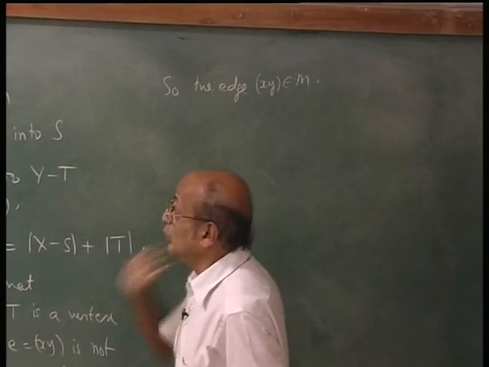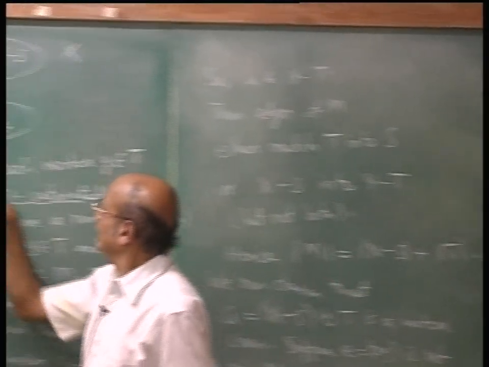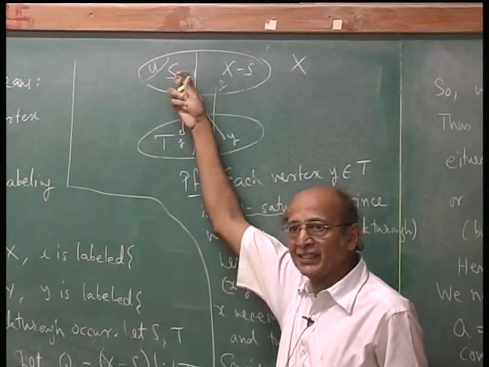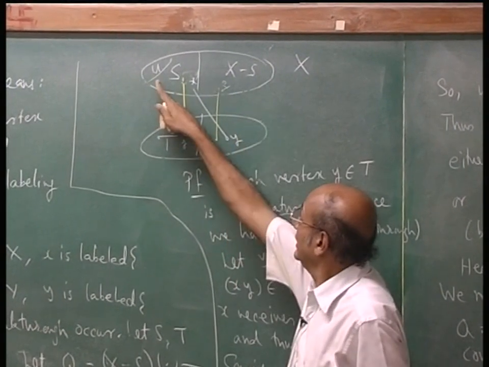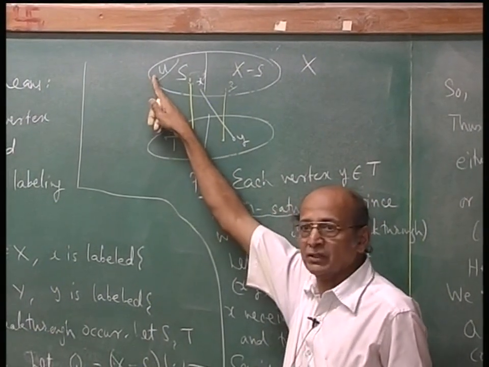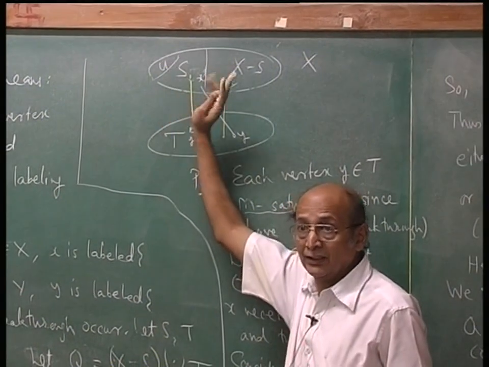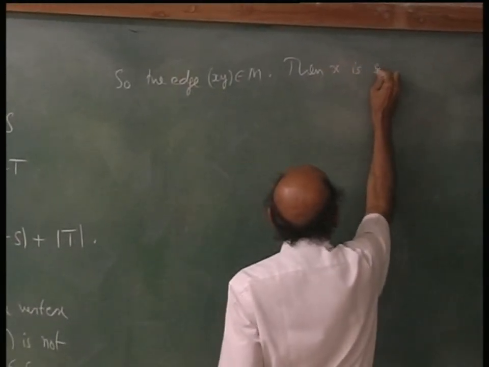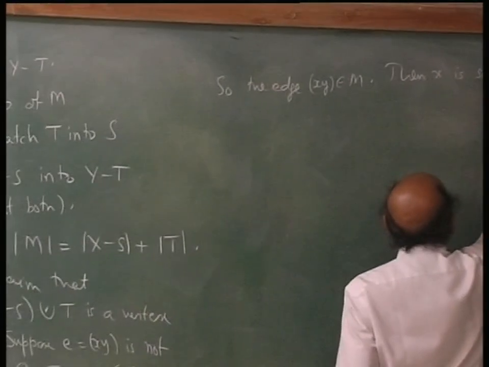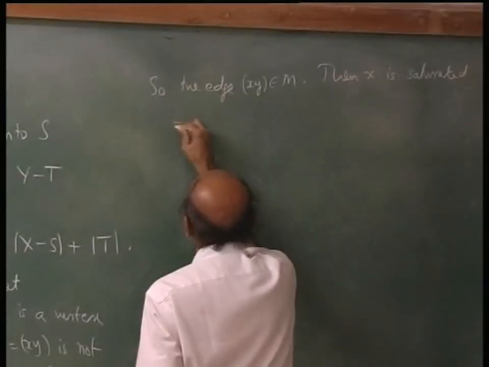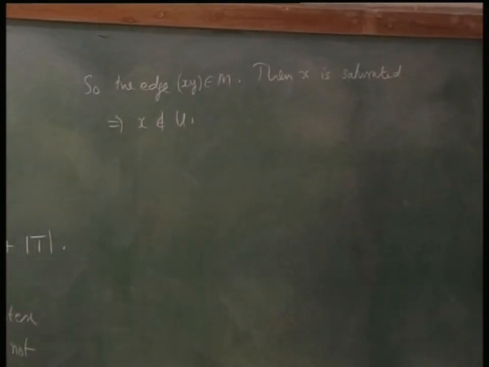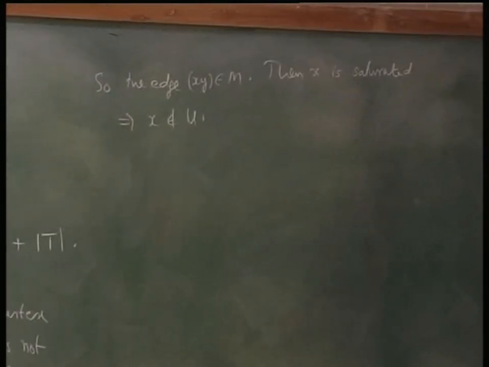But this is not true. You see, all the vertices in S, the vertices in U got labeled first. They were unsaturated anyway. Therefore, then X is saturated, implies X is not in U. So X got labeled not in the first round.